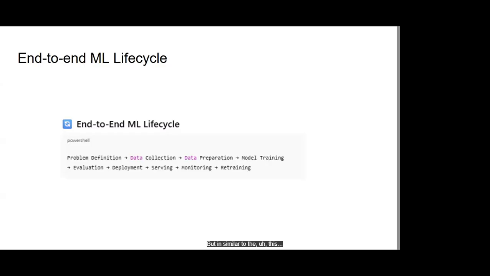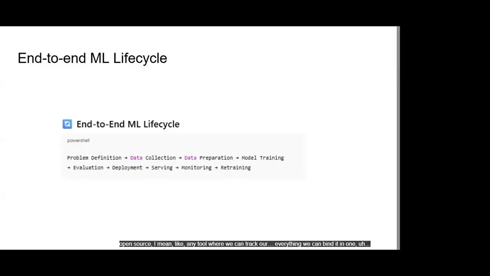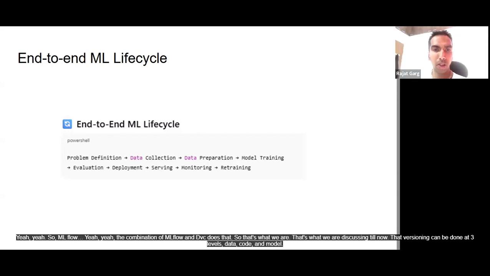Similarly for this ML workflow, for every phase, is there any open source tool where we can track and bind everything into one, just like Azure DevOps? Can MLflow do it?